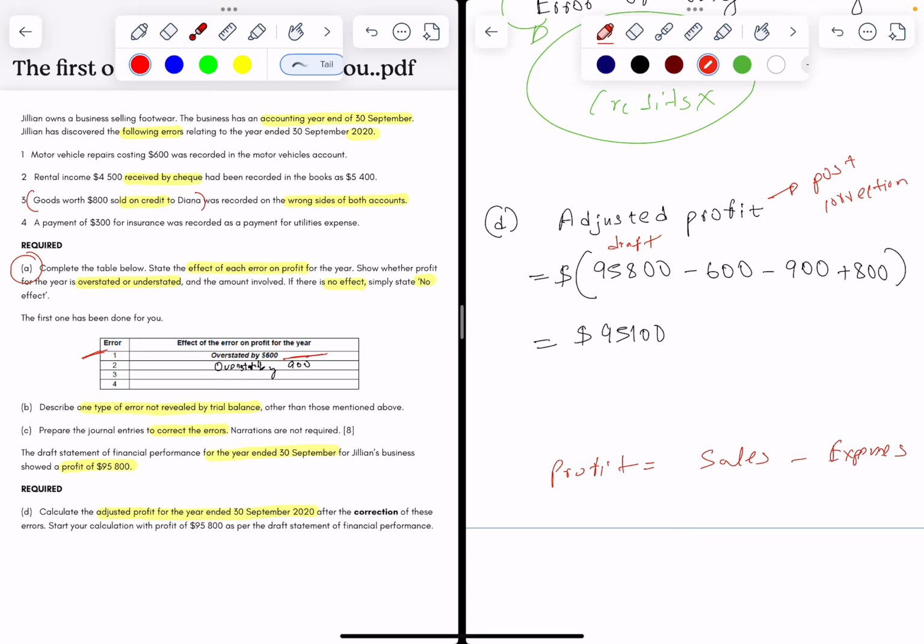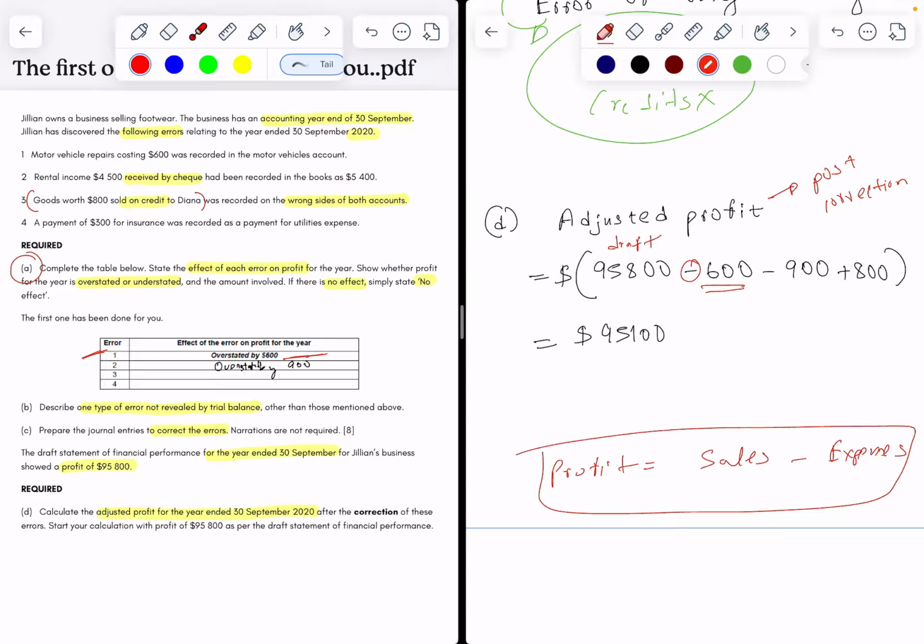Now, if that is the case, we are only interested in whether an expense has gone down or up, or whether sales have increased or decreased. So based on the first error we had fixed, our expenses were going up. That is why we show minus 600, because when expenses go up after the correction was done, our profits should go down, all right? Because of the inverse relationship between profit and expenses, as you can see here in this equation as well, where expenses are being clearly subtracted from sales to give you the profit.